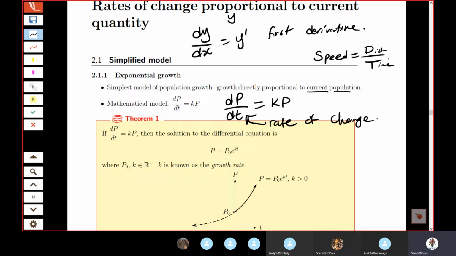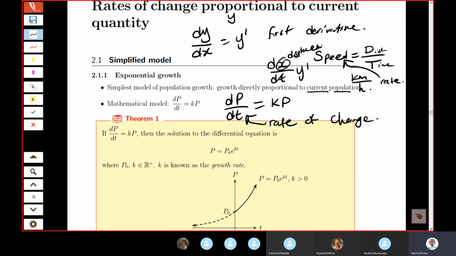Now you've seen distance over time, or things written as speed as kilometers per hour, right? You've also seen that was called a rate. That's the rate of your distance changing with respect to time. We called that speed. Speed is actually y dash. Speed is dx/dt, where x is displacement.